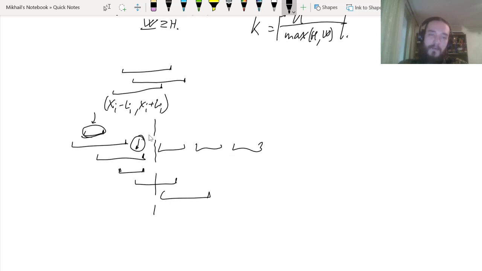It won't hurt us to get rid of that segment and instead take this one, because its right endpoint is only to the left. So this segment we can always include in the answer.